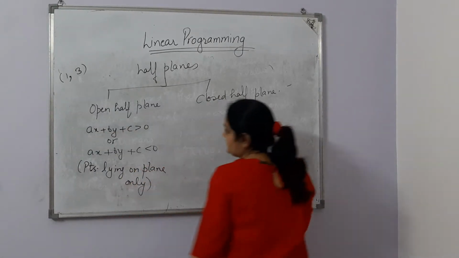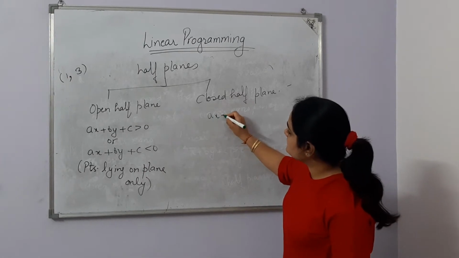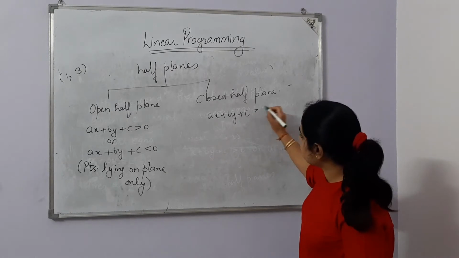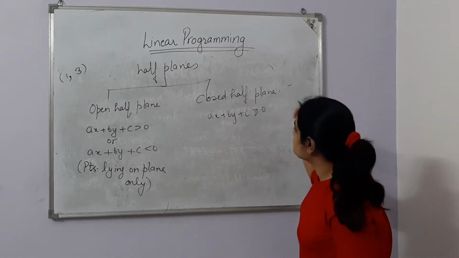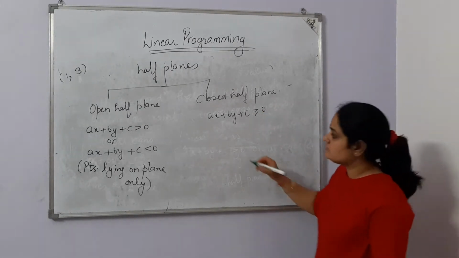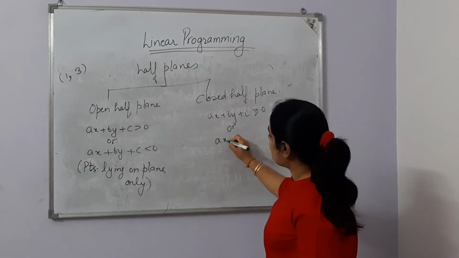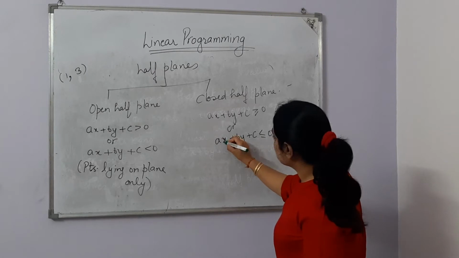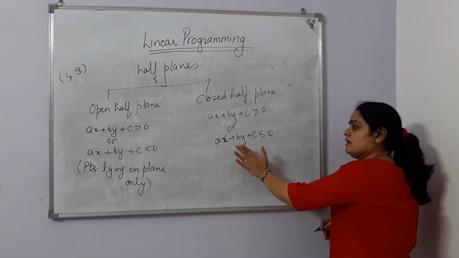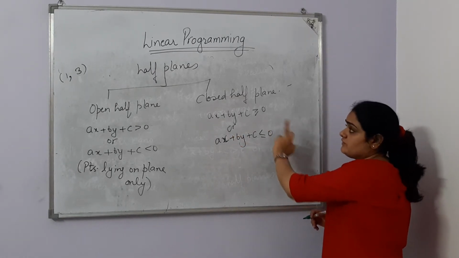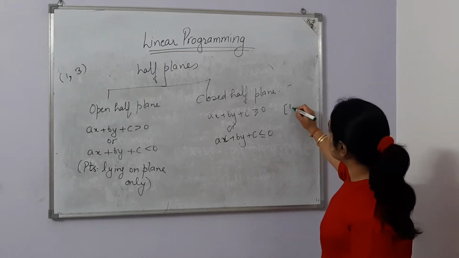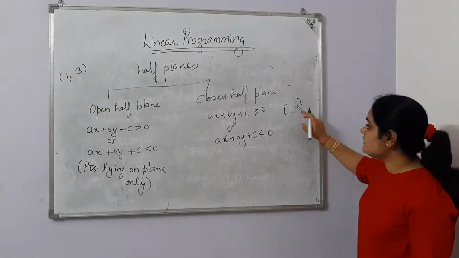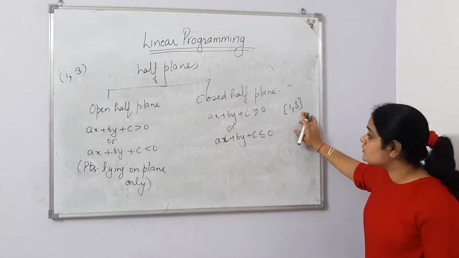Now the closed half plane. Of course the inequality sign gives us a plane, but it is closed, so an equality sign is also there: ax plus by plus c less than or equal to 0. Why is it closed? Just like the closed interval 1, 3, the points between 1 and 3 as well as 1 and 3 are included.